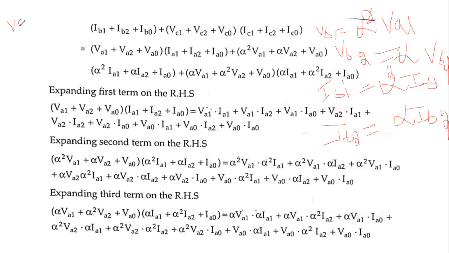What is the formula for VC1? VC1 is equal to alpha into VA1.